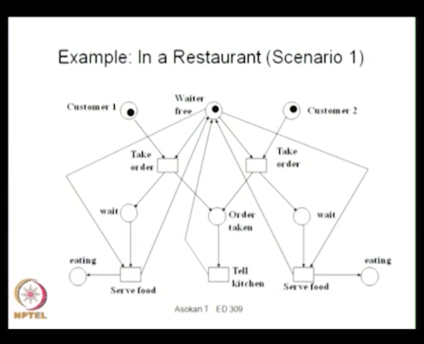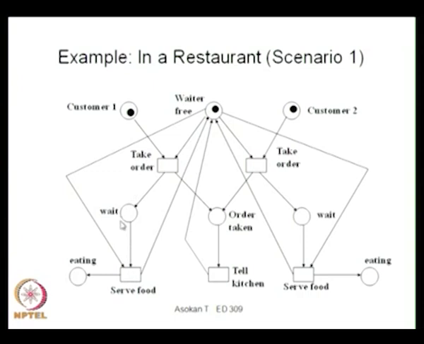Similarly for customer 2 you need to have these transitions, and when this transition takes place there are two tokens coming over here. When this transition takes place, it is connected to two places, wait as well as order taken. So these two places will have tokens, and once you connect this one, you can see serve food is connected to tokens, again waiter free and food is available.